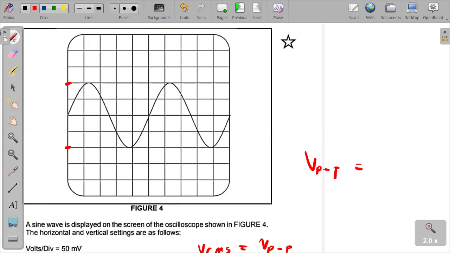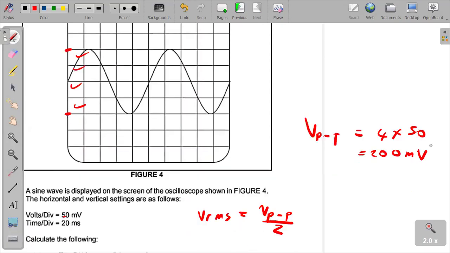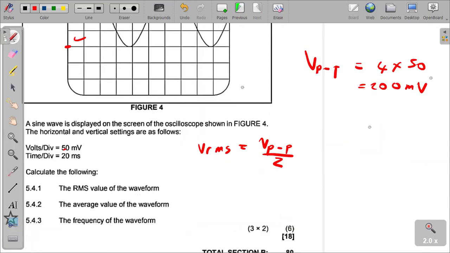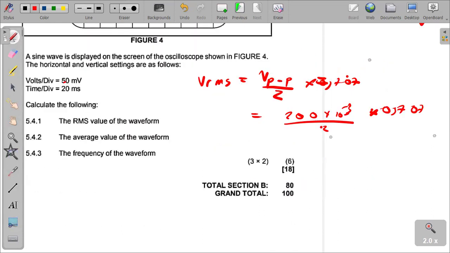So if we count, we have 1, 2, 3, 4 blocks. So we multiply the number of blocks by the voltage we have been given here, which is 50 millivolts. So 4 multiplied by 50 gives us 200 millivolts. That's our V peak to peak. So when we are now calculating VRMS, we simply say V peak divided by root 2, and that gives us 70 millivolts. That's our VRMS. Let's go to the next.